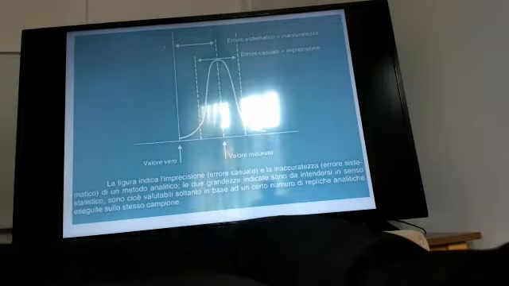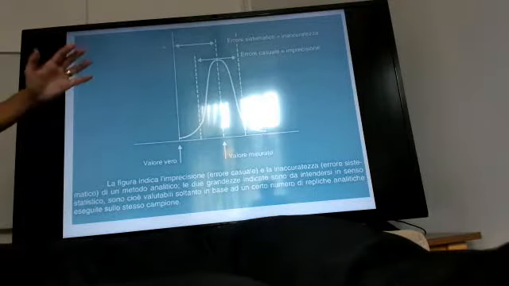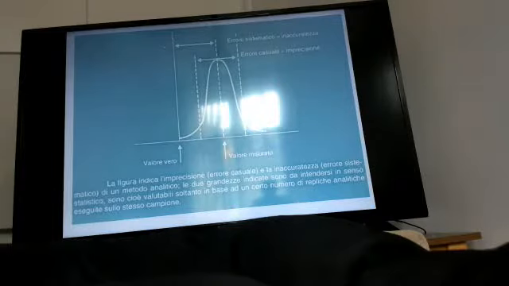For example, a lab stops for a few days analyzing one analyte because there is a technical problem, because the calibration gives wrong results, and you say that all the standards are not in the range.